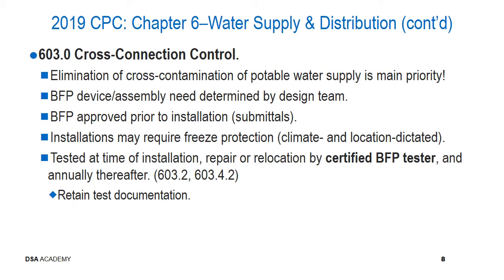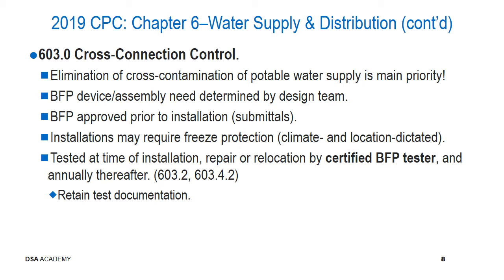One of the primary controls that plumbing system designers must take into account is to ensure that it's impossible to cross-contaminate the potable water supply. This is without question the main priority of the designers for plumbing system design.